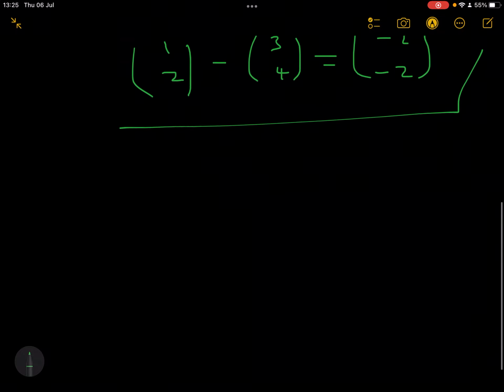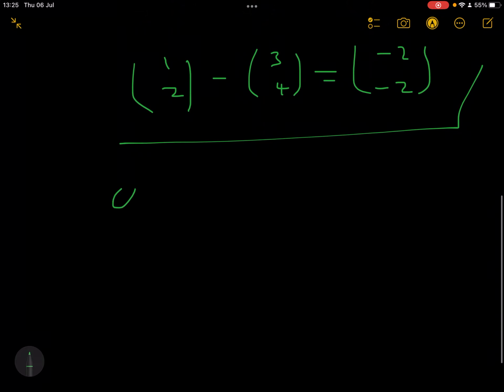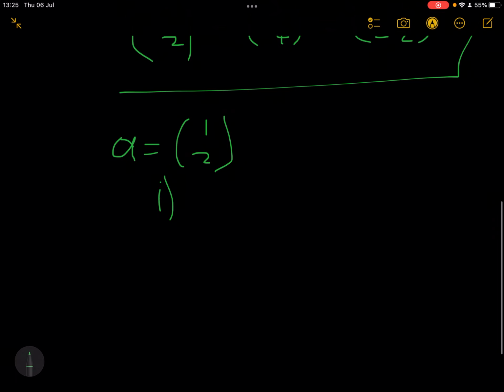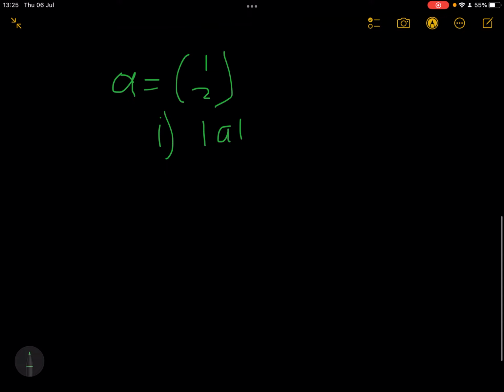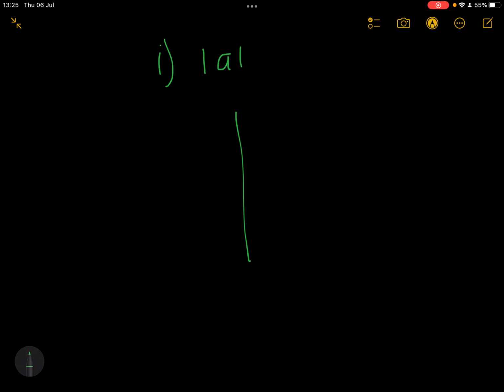Now, let's say you have some vector A equals (1, 2). Find the magnitude of A. For interest's sake, just plot your Cartesian plane to understand what the magnitude is.